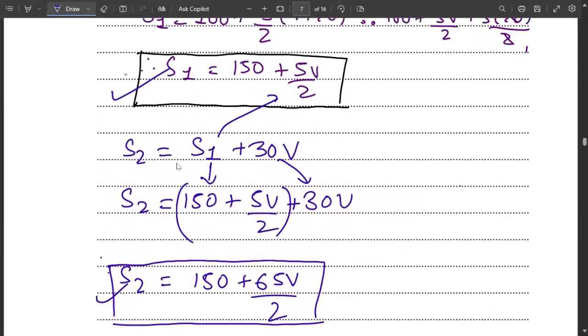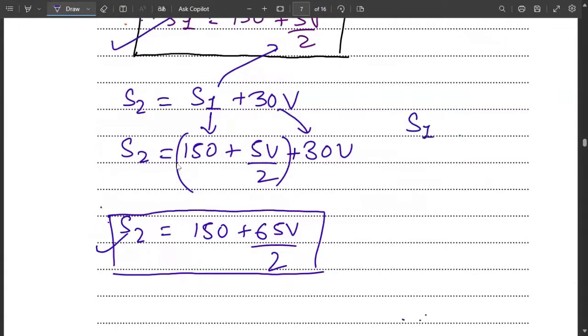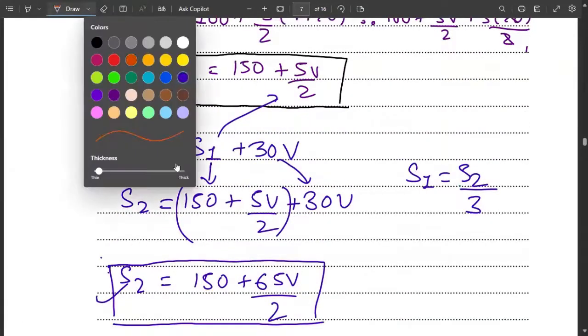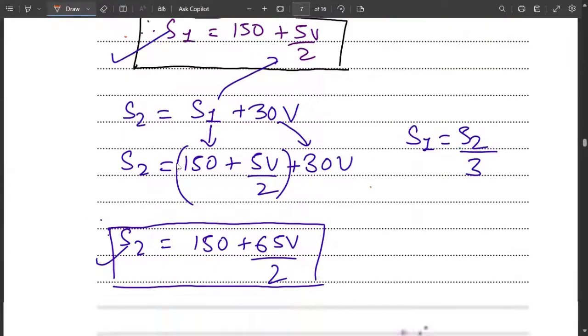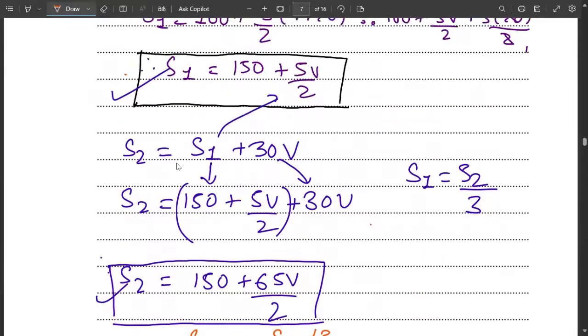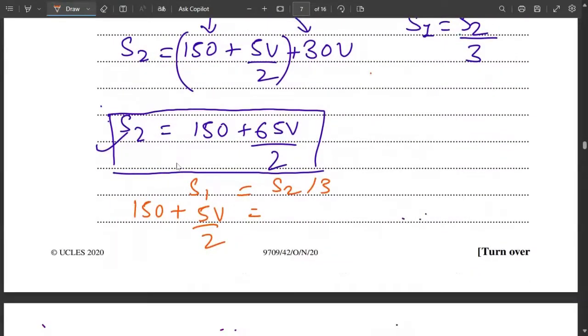So now let's use our equation. Which equation? S1 equals S2 by 3. S1 is 150 plus 5V by 2 and S2 is 150 plus 65V upon 2.